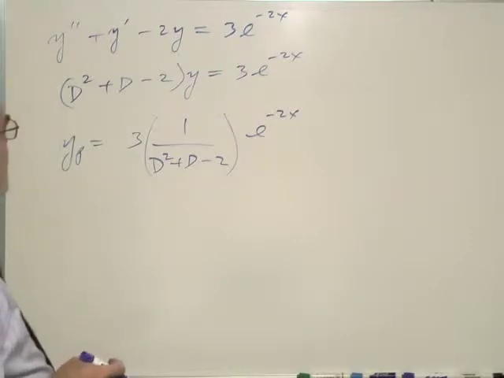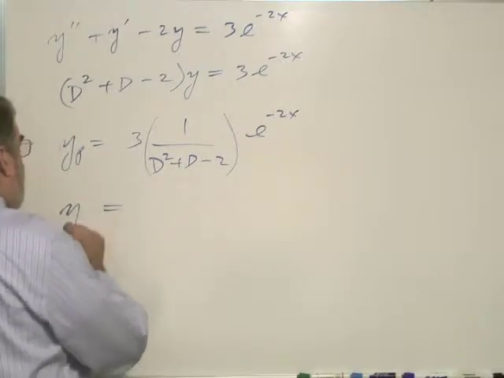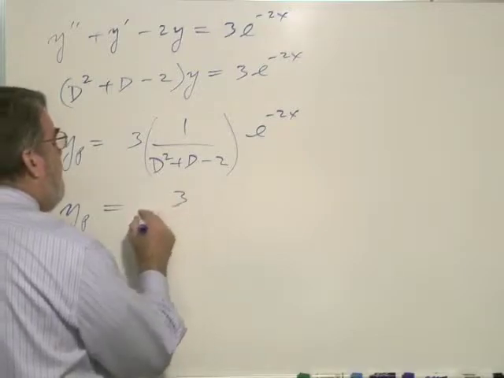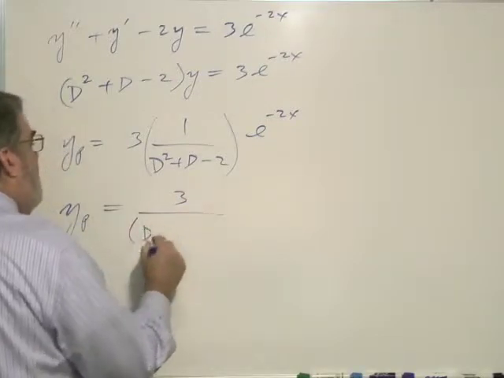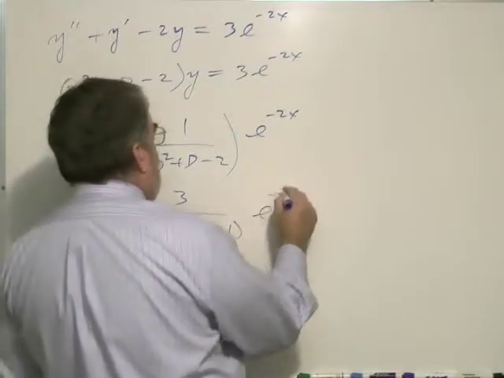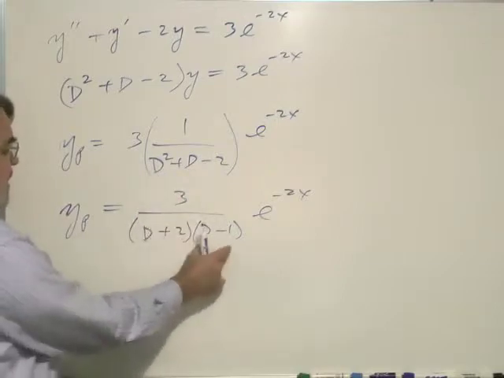We can do that at any time. Let's go ahead and factor this. So y particular will be 3 over d plus 2 times d minus 1 operating on e to the negative 2x. So this factors as d plus 2 times d minus 1.